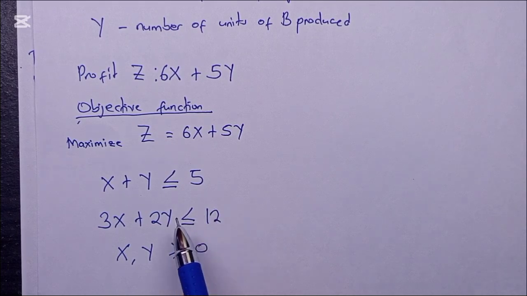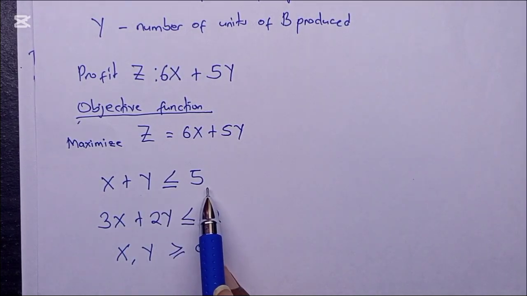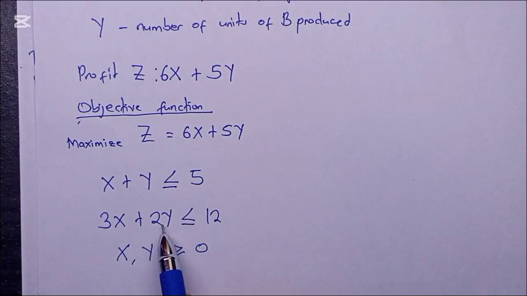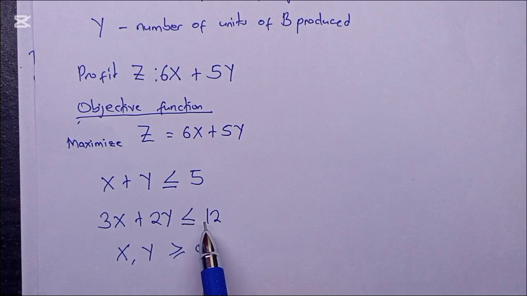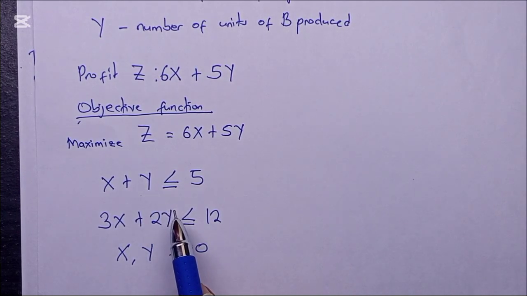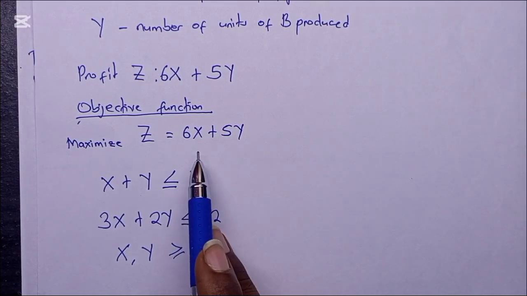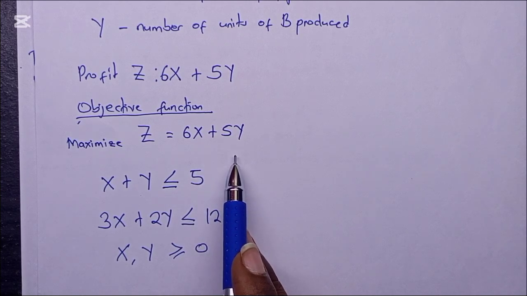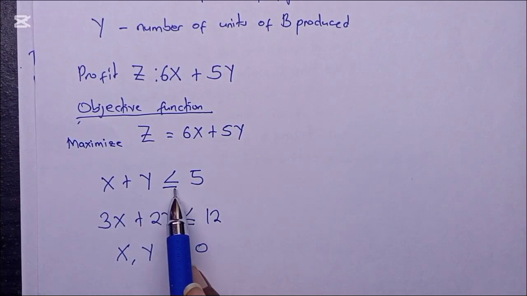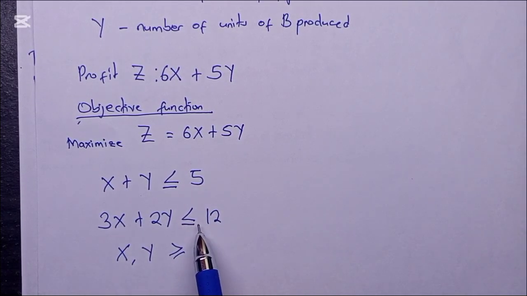The requirements of the two resources are x and y for resource 1 and 3x and 2y for resource 2, and the manufacturer has to ensure that these resources are actually available. Then the problem is to find x and y such that 6x plus 5y is maximized, and x plus y has to be less than or equal to 5 because that's what is available, and 3x plus 2y has to be less than or equal to 12, so that only non-negative quantities are produced.